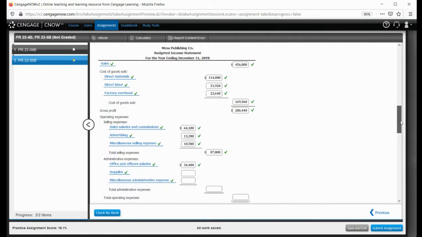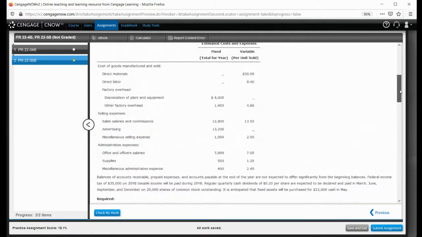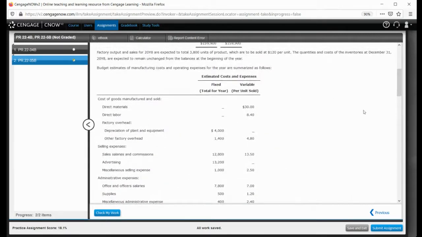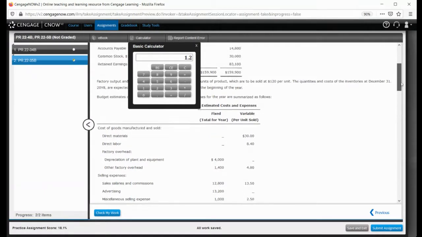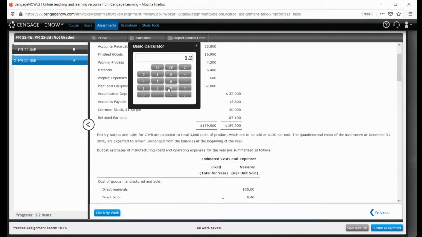Our supplies, the variable portion is $1.20 per unit. And we're going to multiply this by the 3,800 units.